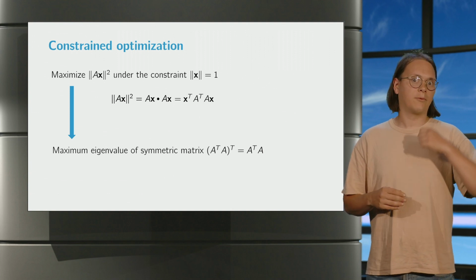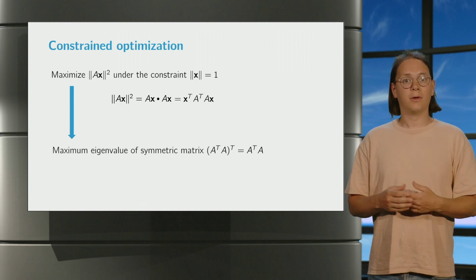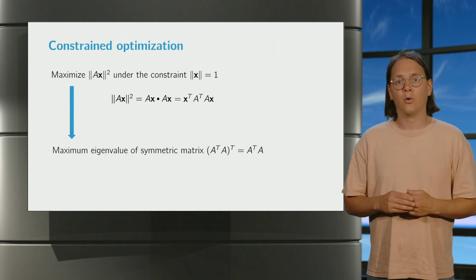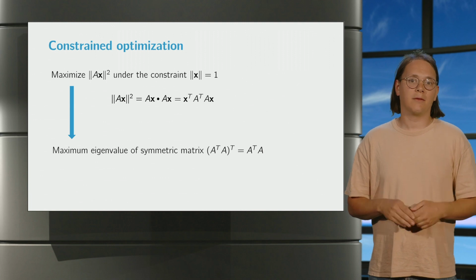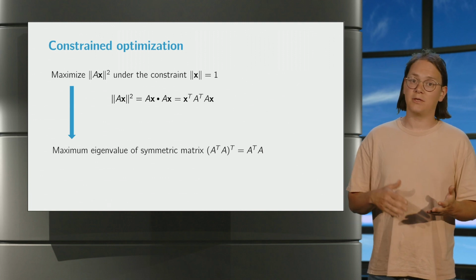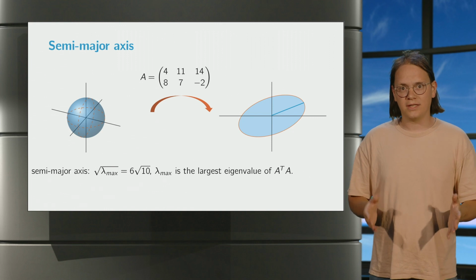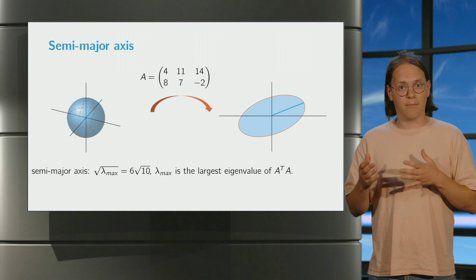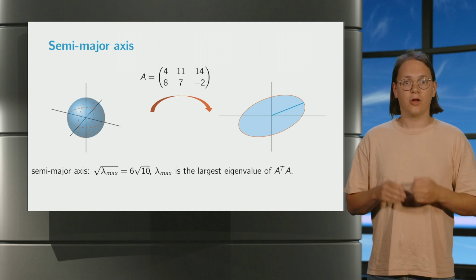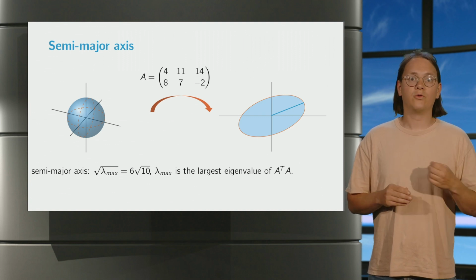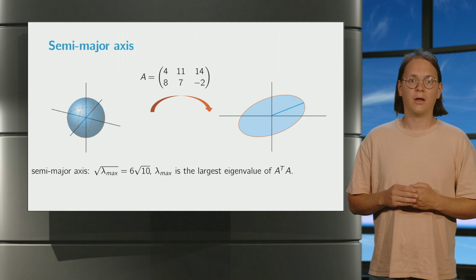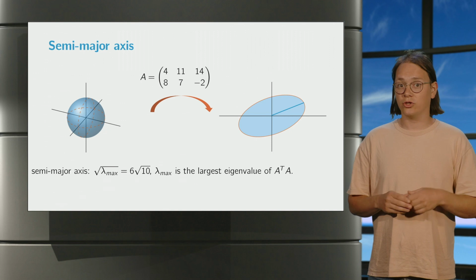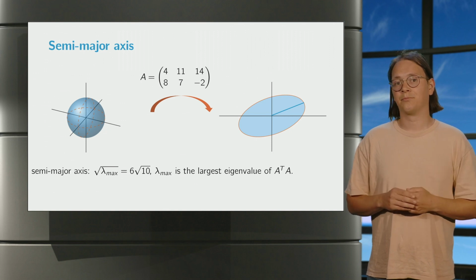So we are looking at an optimization problem of the quadratic form given by the symmetric matrix A transpose times A. We know then that the maximum is given by the maximum eigenvalue of A transpose times A. So what does this say about our problem? Since the length of the semi-major axis was given by the maximal length of A times x, not squared, this would be the square root of this maximal eigenvalue. Note that this is the maximal eigenvalue of the matrix A transpose A, which is always a square matrix.